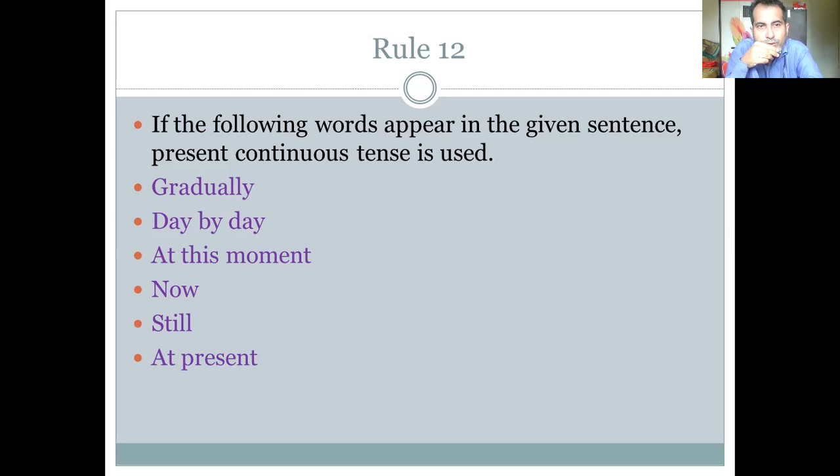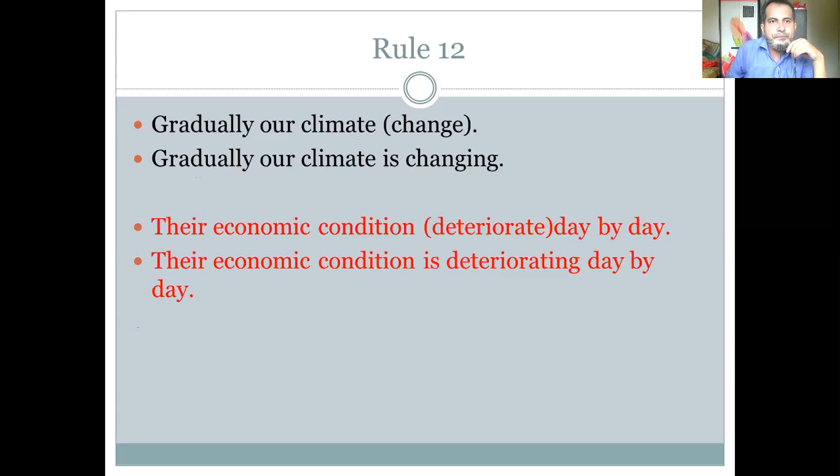These are the clue words. All these 6 words denote the fact that these are all about a present situation. That's why present continuous is used when these clue words come in your exercise.